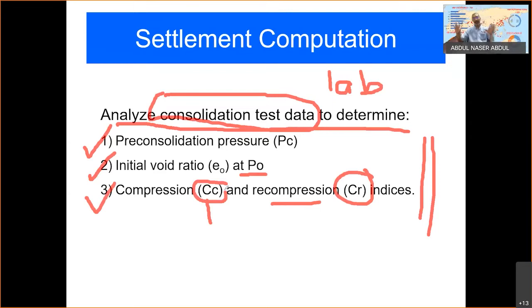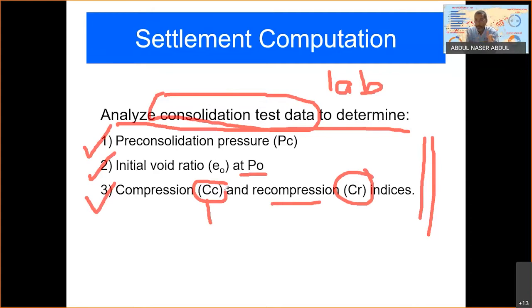All these are from the lab report or the SI report, the soil investigation report that you hire a soil investigation contractor to do. Especially if you are an engineer, I know we have a few engineers in this class, you will need this to do the computation for your design, for your settlement estimation, and also for other related design later.